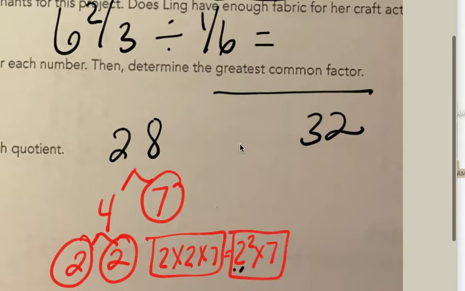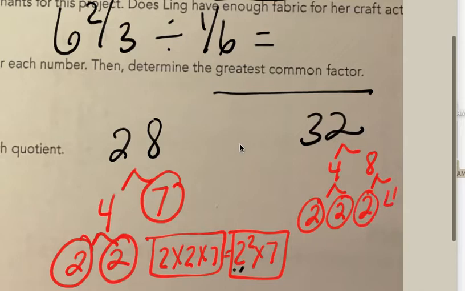Okay, your next one is 32. So you can do 4 times 8. 4 can be broken down to 2 and 2. 8 can be broken down to 2 and 4. 4 can be broken down to 2 and 2.